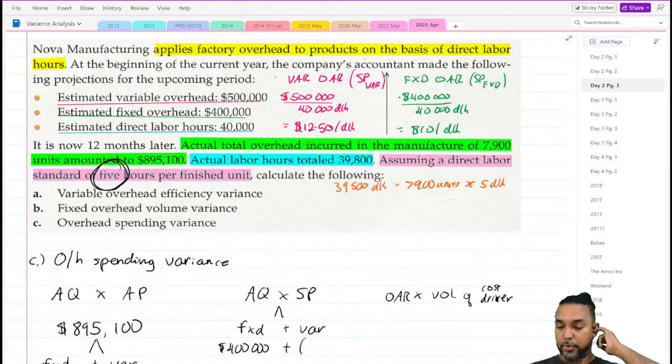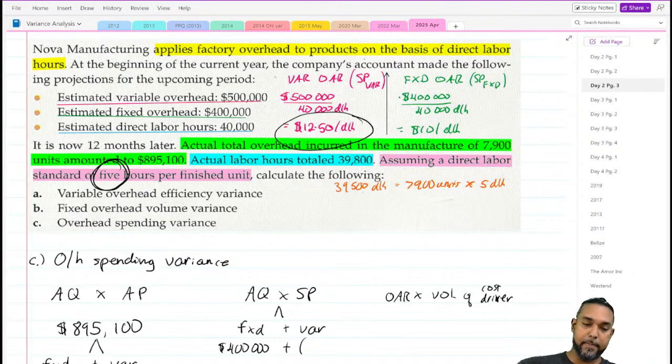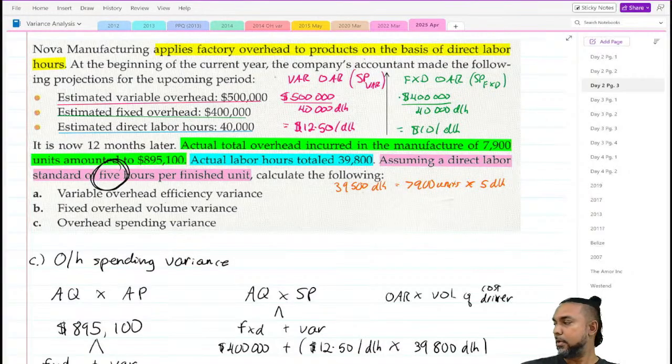So the OAR for the variable overheads is the pink 12.50, and we're multiplying that by 39,800. So $12.50 per direct labor hour multiplied by 39,800 direct labor hours.